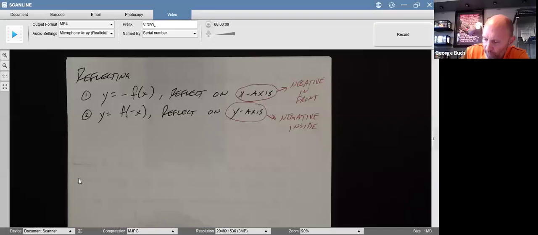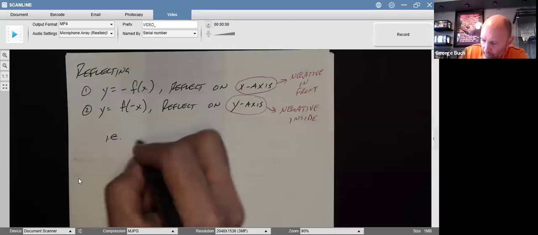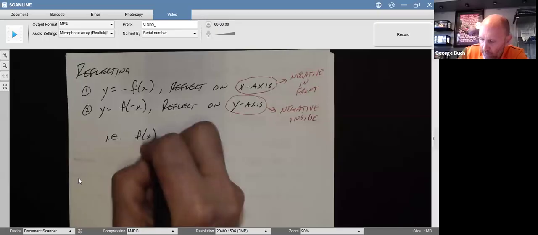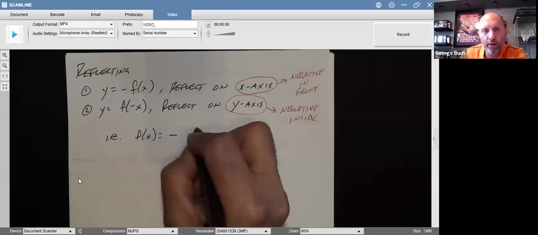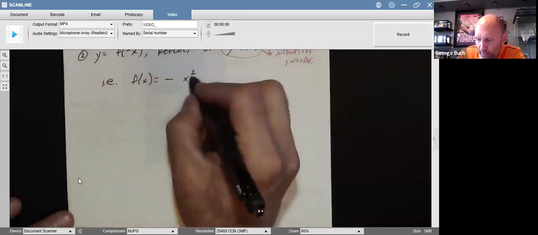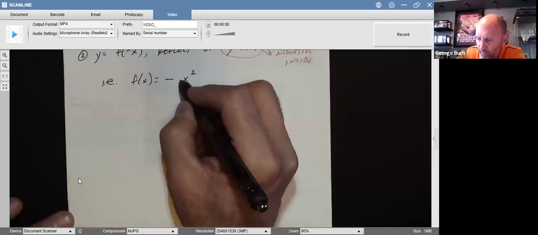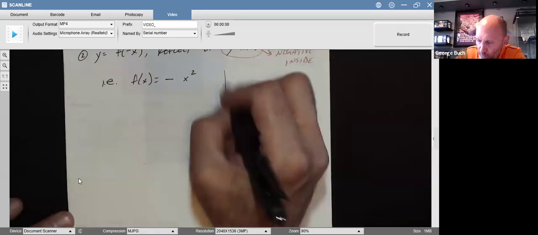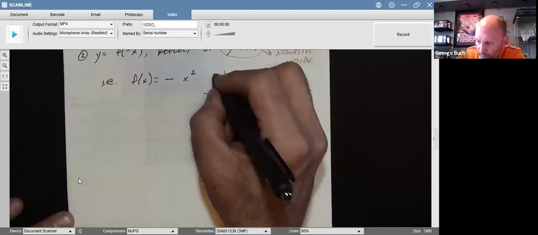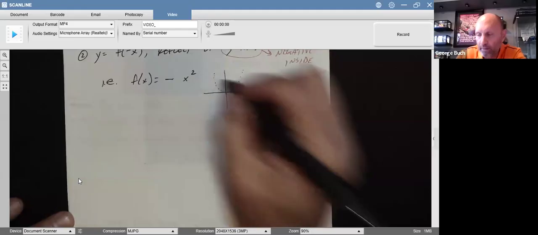So for example, again, I have f of x is equal to negative x squared. Well, my parent function is x squared. That's a parabola. But because the minus sign is in front, I reflect on the x-axis. So my normal parabola would look like that, right?